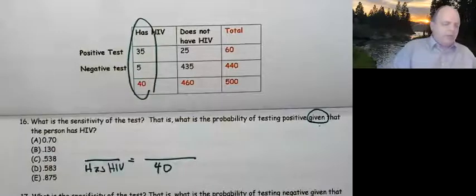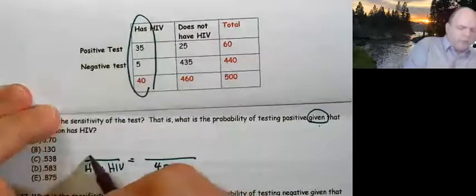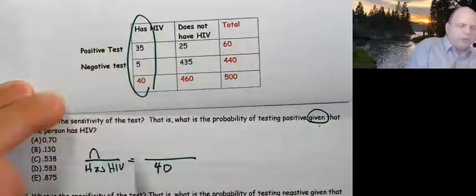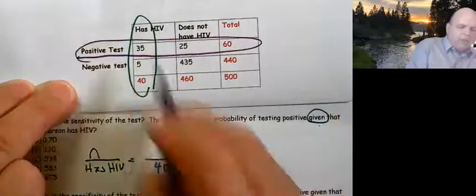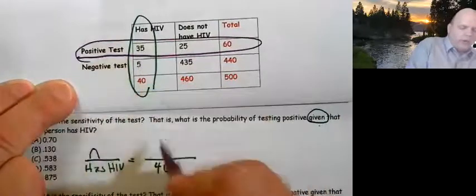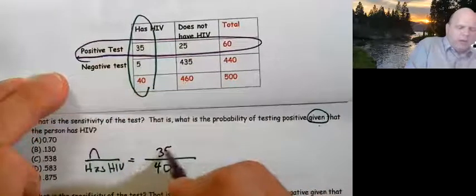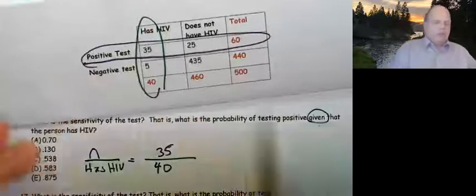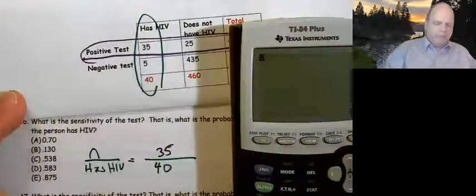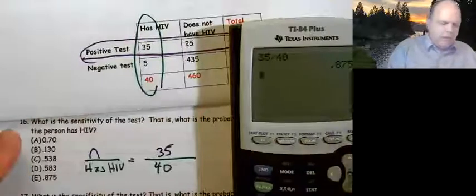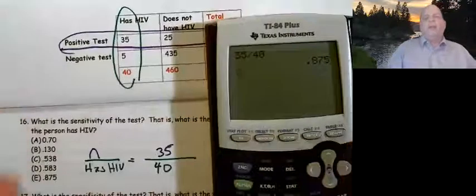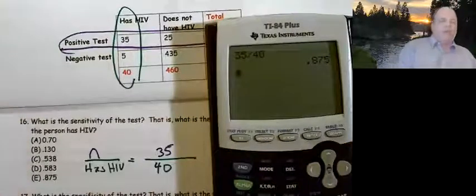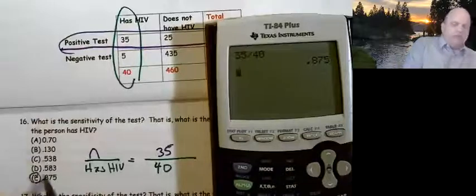What is the probability of testing positive? Please remember, intersection is always going to be in the numerator. So my intersection where the two cross is at 35. So 35 over 40, going to the calculator, is 0.875. Excuse me, don't know if you can see that. All right, 35 divided by 40 is 0.875. I'm liking E for this answer.